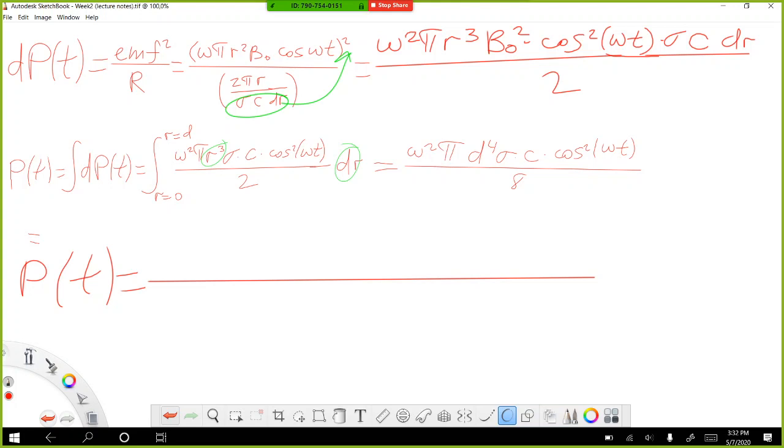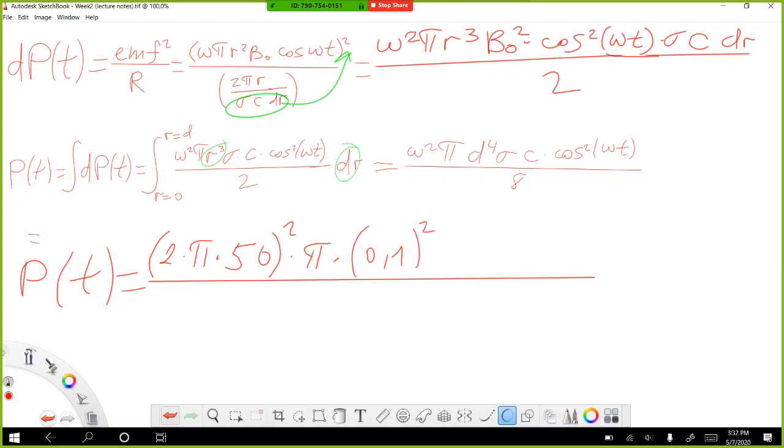Omega is equal to 2 multiplied by pi multiplied by frequency. Frequency was 50 hertz, multiplied by p multiplied by d squared. D was 0.1 meter or 100 millimeters.